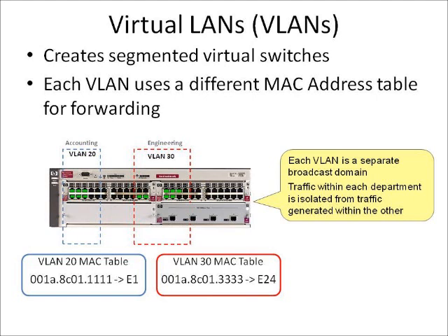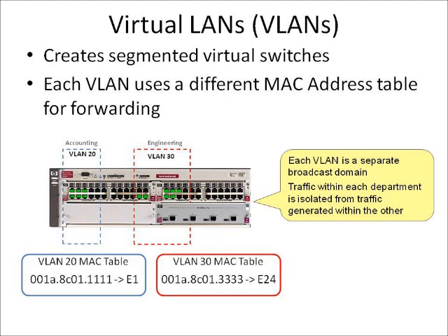Inside of that switch, what it's essentially doing is dividing up the CAM table. So on a certain VLAN, say VLAN 20, it's going to be made up of just a subset of the MAC addresses that are available in that switch. And if we have another VLAN 30, it'll be another subset of different ports on that switch with different MAC addresses.